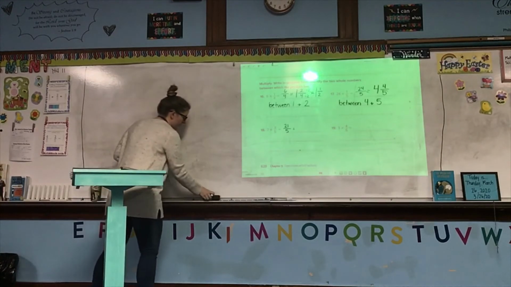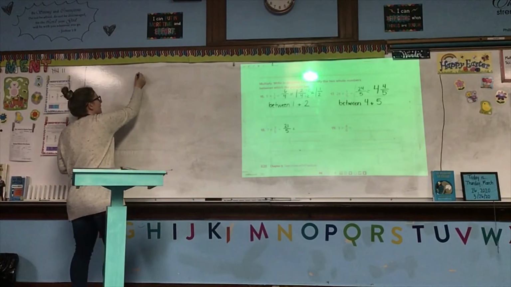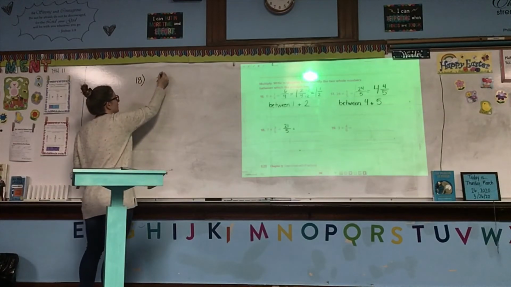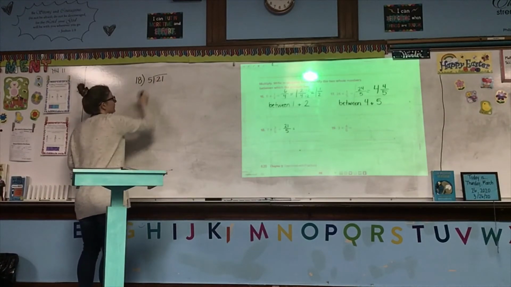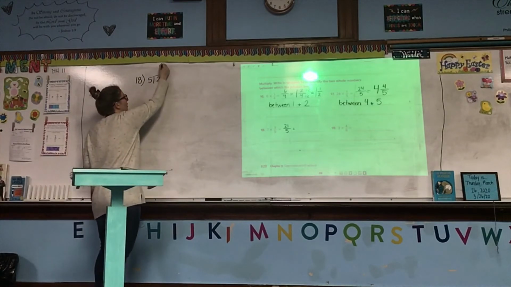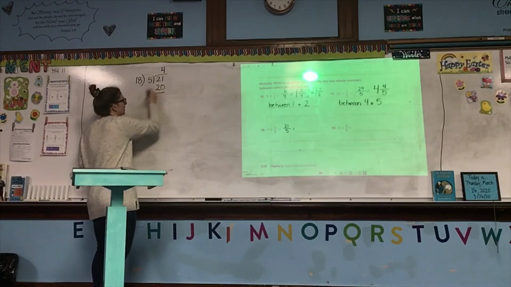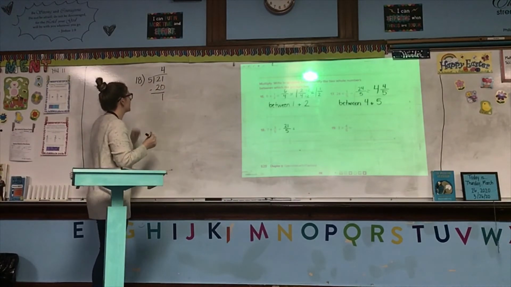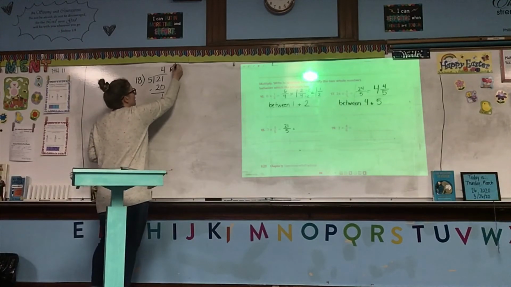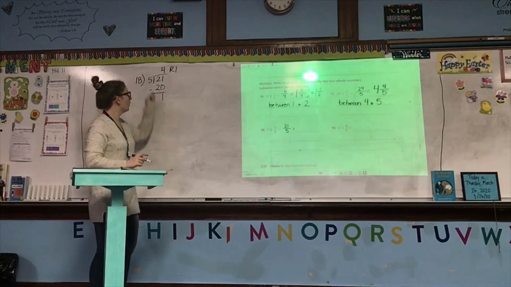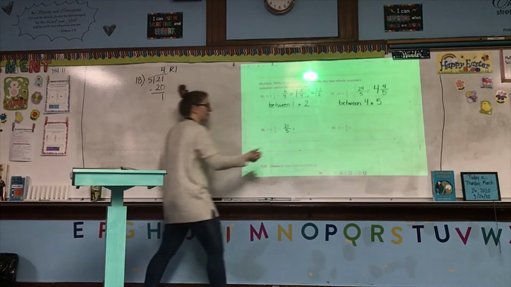And now we're showing the work for number 18. We divide the numerator by the denominator. 5 goes into 21 4 times. 4 times 5 is 20. 21 minus 20 is 1. 1 is less than our divisor. So that means our answer is 4, remainder 1. Our whole number comes from the quotient without the remainder.